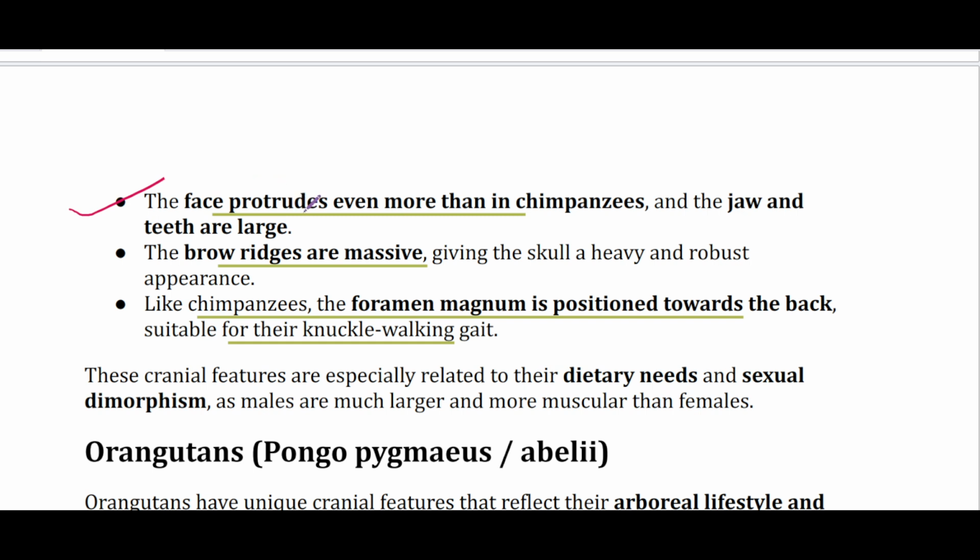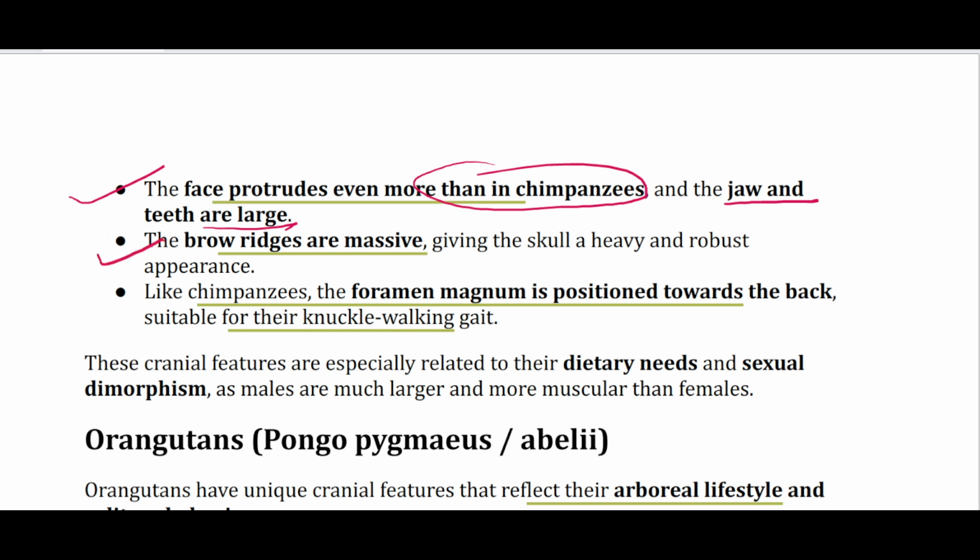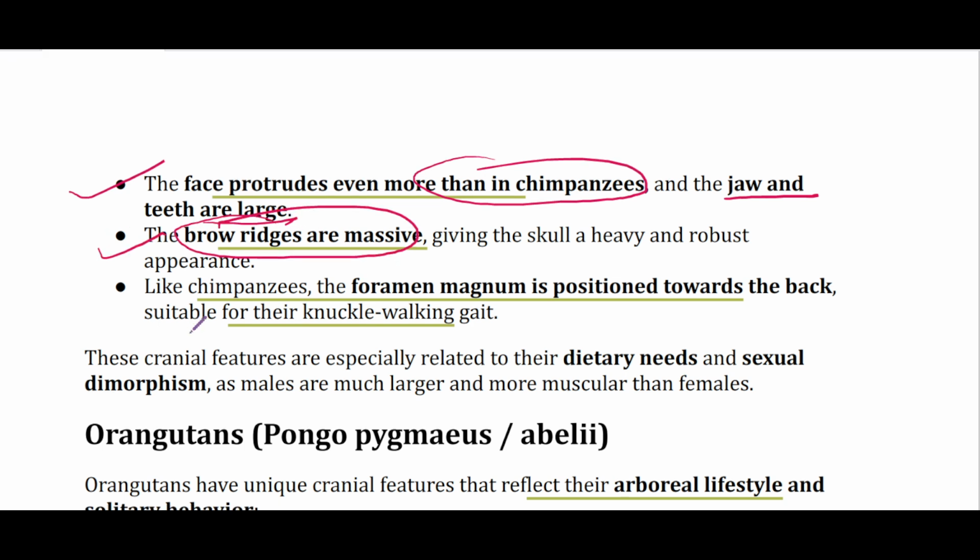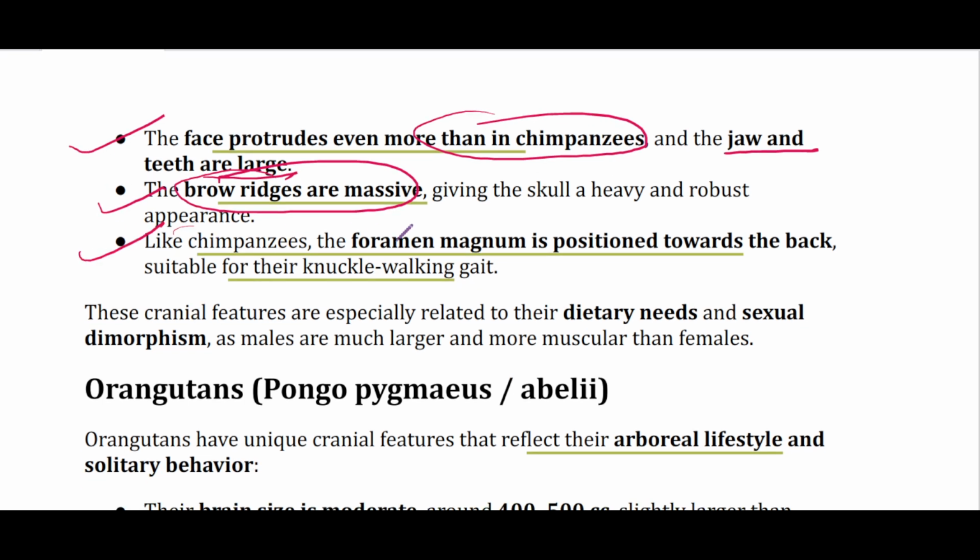Then their face protrudes even more than in chimpanzees. Their jaw and teeth are also large. And their brow ridges are massive. And like chimpanzees, they have anteriorly placed foramen magnum. It is placed toward the back, which is suitable for their knuckle walking gait.